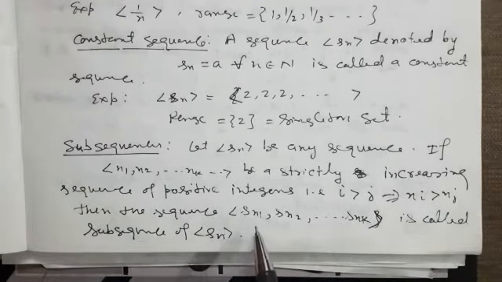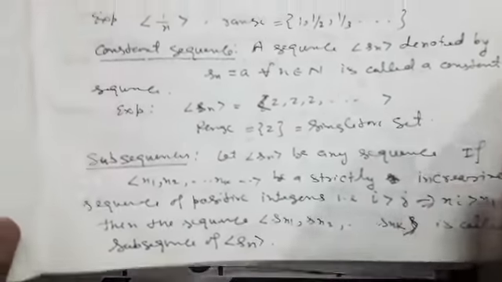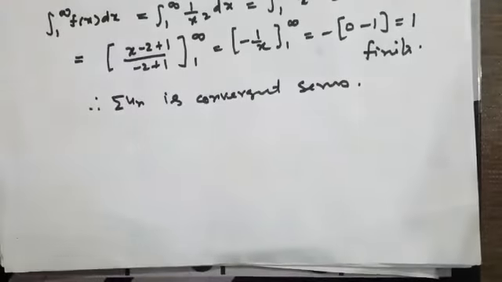Then the sequence Sn1, Sn2, Snk is called a subsequence of Sn. You can understand it with the help of an example.